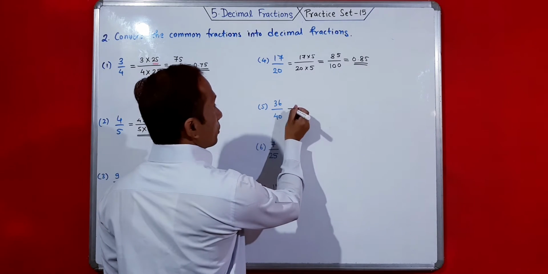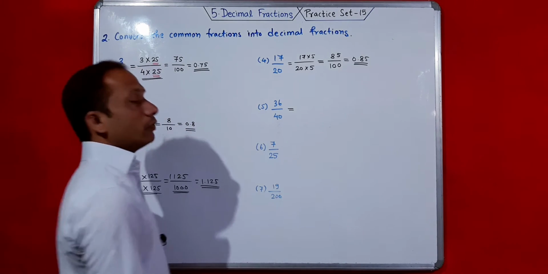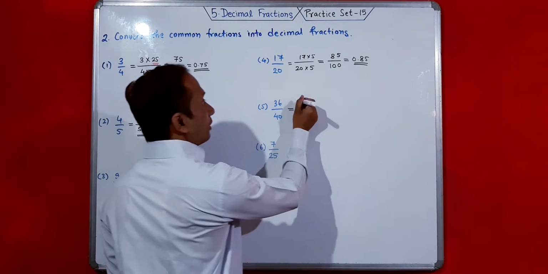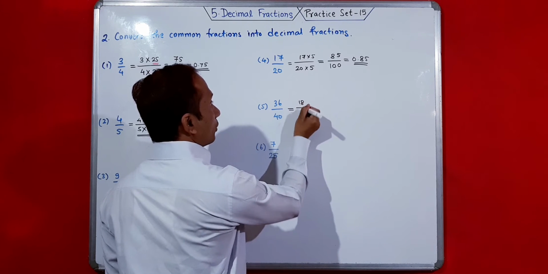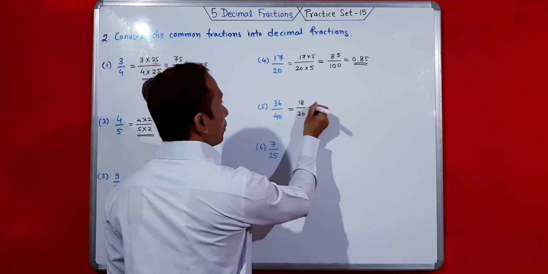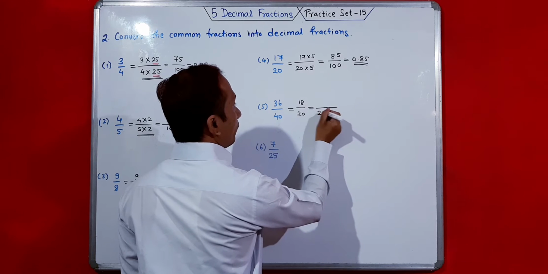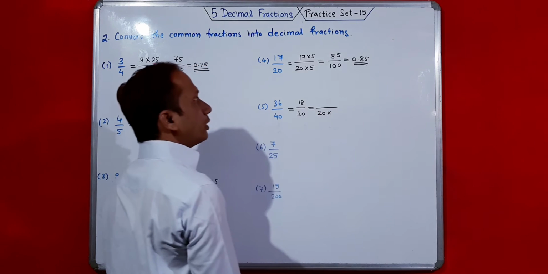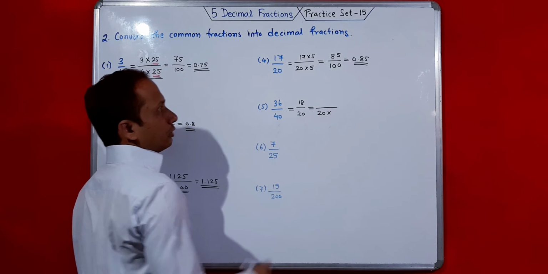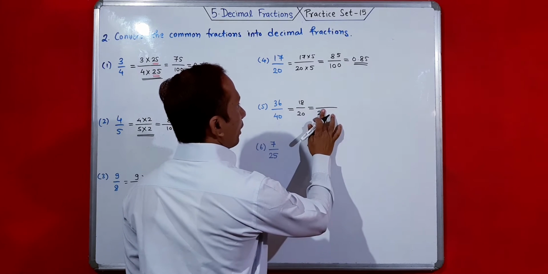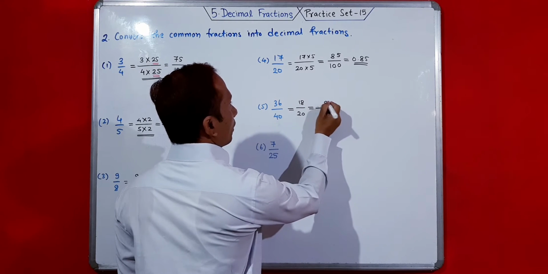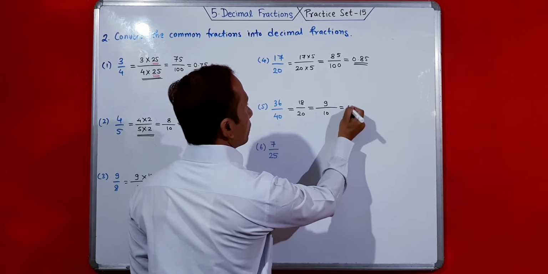Now come to this. Now see 36 upon 40, I will again convert this to 18 upon 20, because divide by 2. Again I can convert this to 9 upon 10, so obviously 0.9.